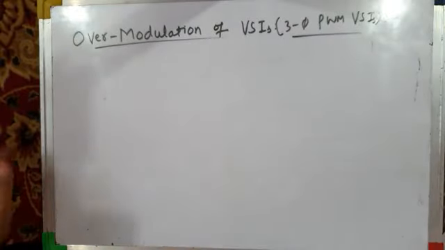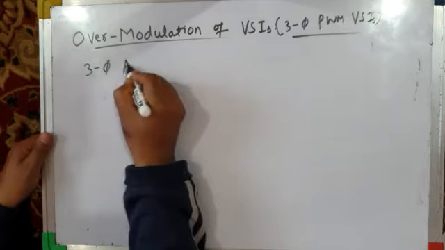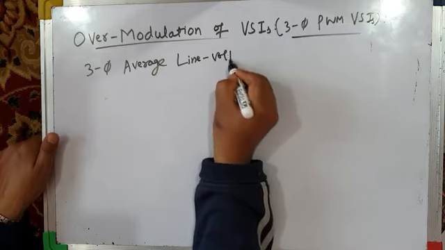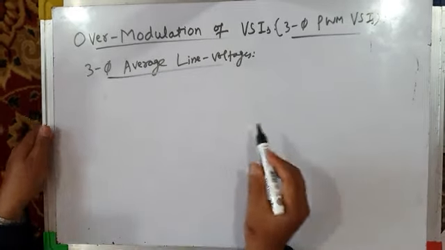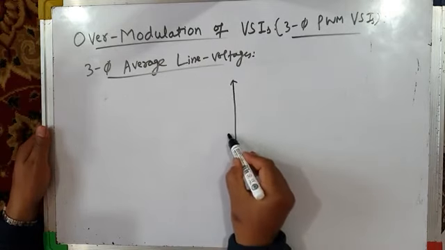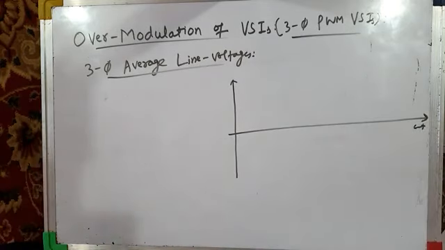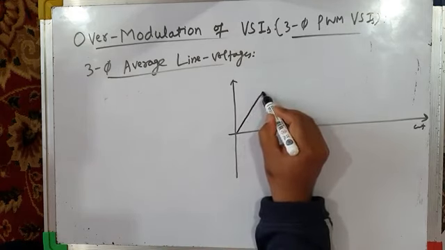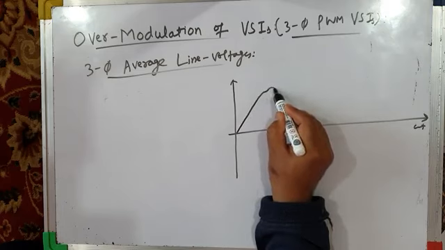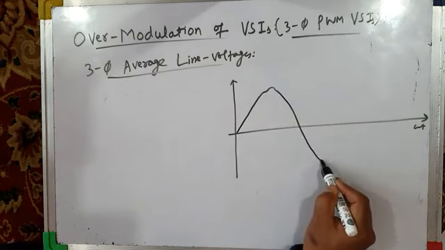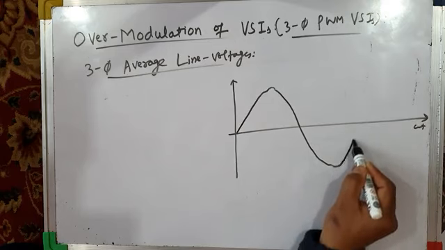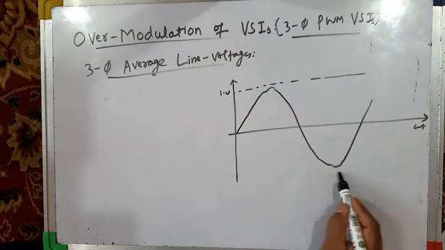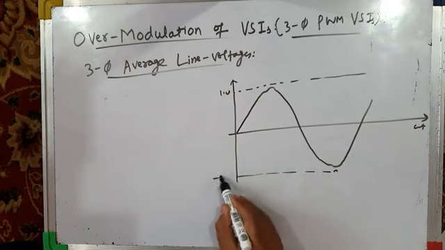What about line voltages? Three-phase average line voltages will look like this. They will also have low frequency distortion in them. This is 1.0 and this is minus 1.0.